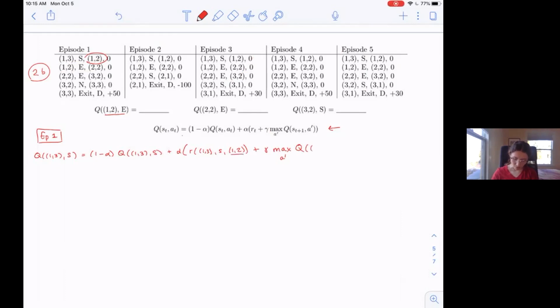So now we're going to plug in 1, 2 in here, and we're going to try to figure out what's the best Q value we could get at the next state after maximizing over all the actions. Now, we know a bunch of information about our problem, so let's plug some things in here. We know that according to our problem, alpha equals 0.5.